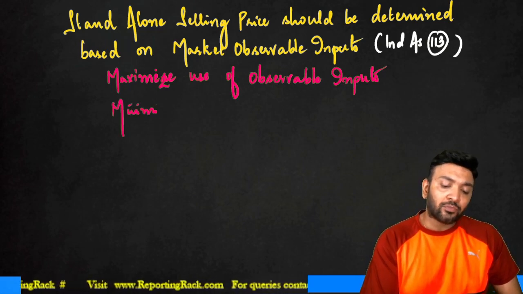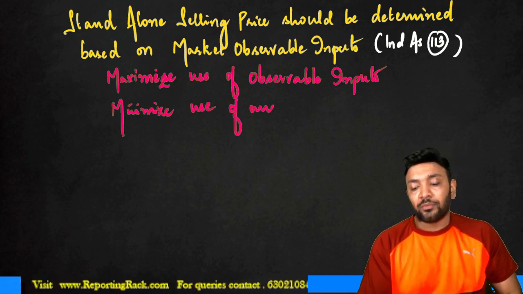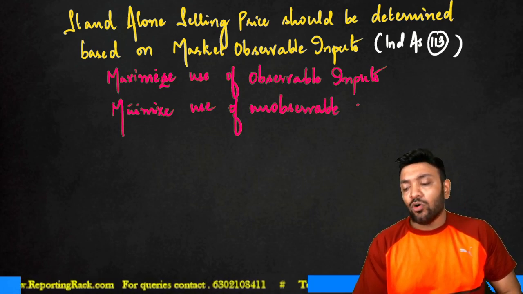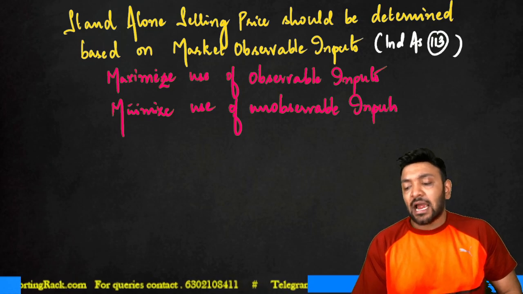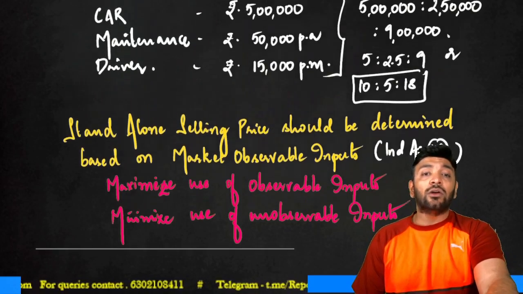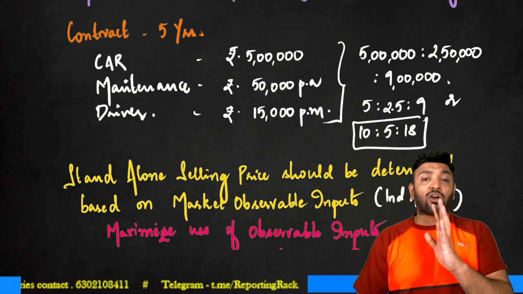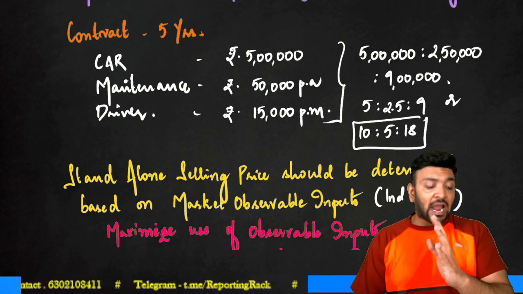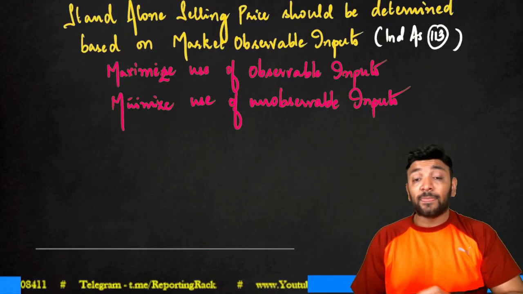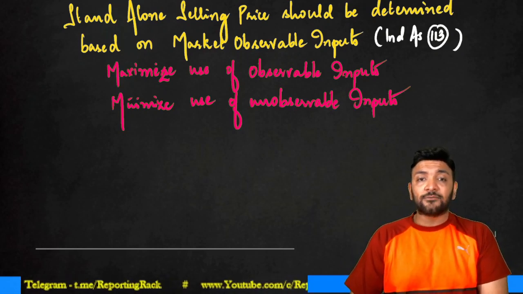Minimize the use of unobservable inputs. Based on this, I will try to determine their standalone selling prices, and in the proportion of their standalone selling prices, I will allocate the contract price between the lease component and the non-lease component. Clear? They should be separated on the basis of their standalone selling prices.